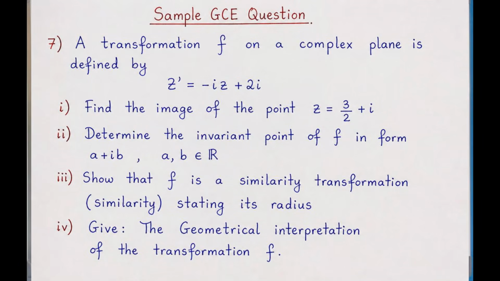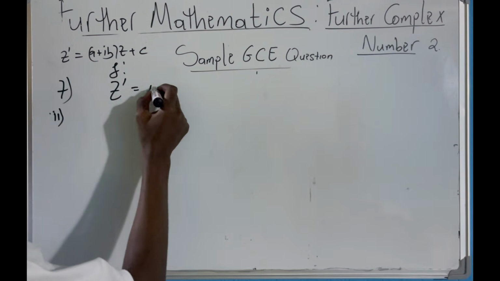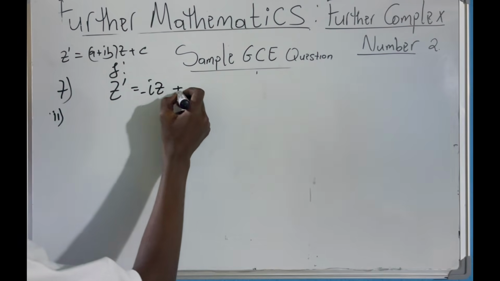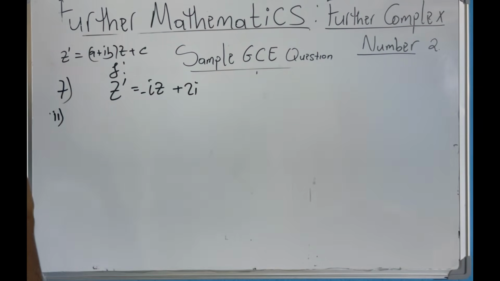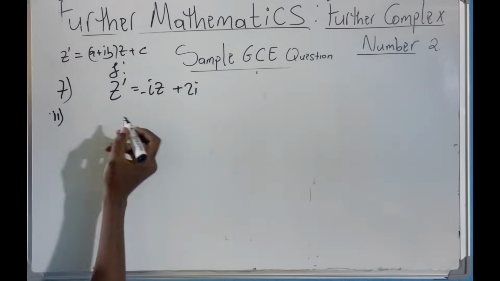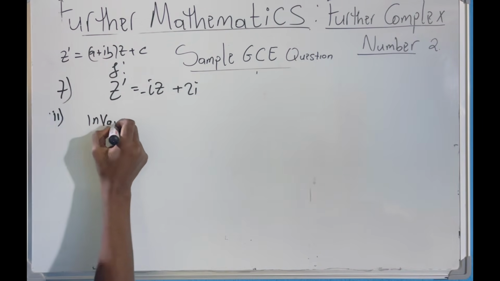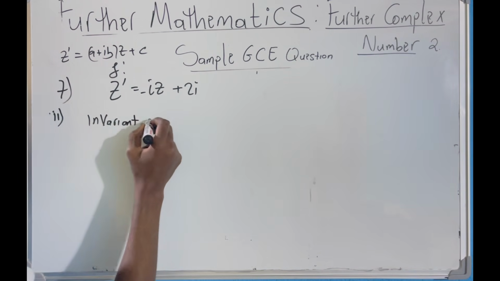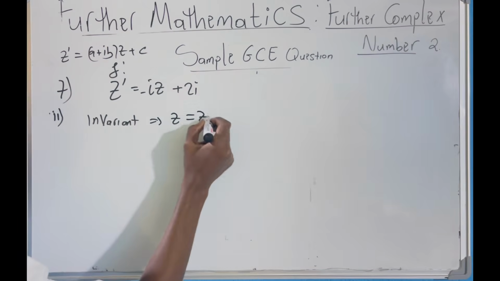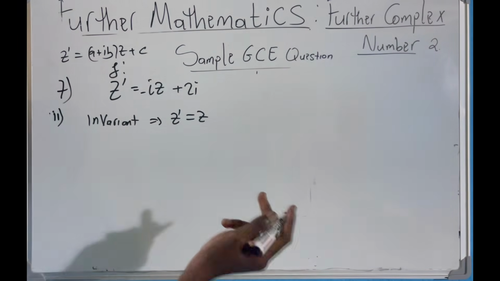Now the next question, Roman 2: determine the invariant point of f in the form a plus ib. If f is a transformation, z prime equals negative i z plus 2i, the invariant point means z should be equal to z prime, the image equals the object.